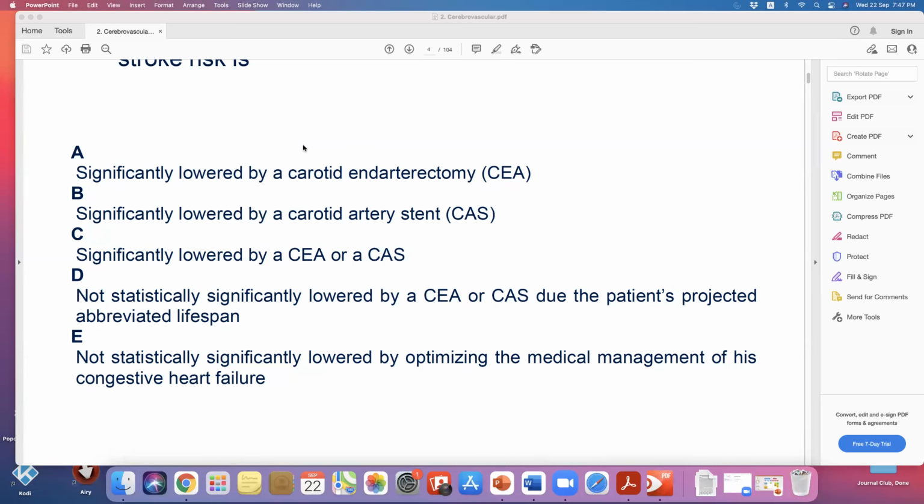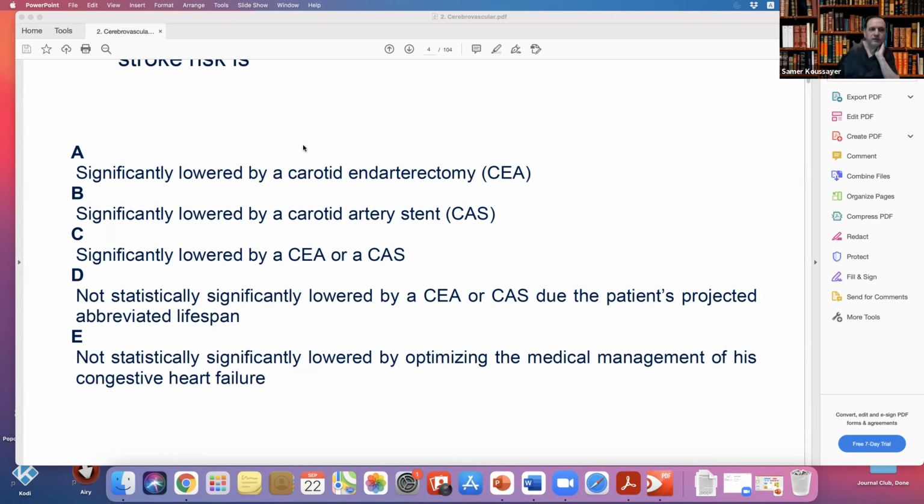No. Not statistically significantly lowered by carotid endarterectomy or carotid stenting due to the patient's projected limited lifespan. This could be, yes. Not statistically significantly lowered by optimizing the medical management of his congestive heart failure. I think it's D.